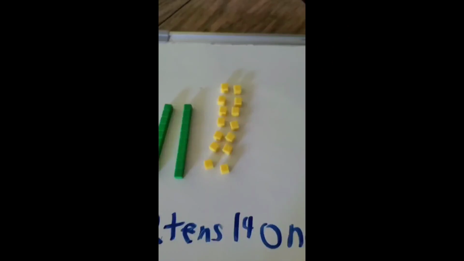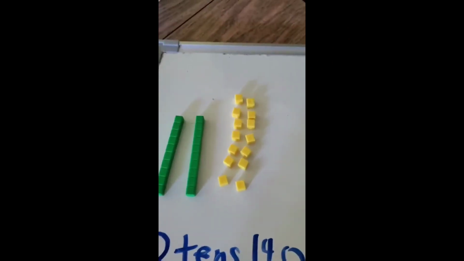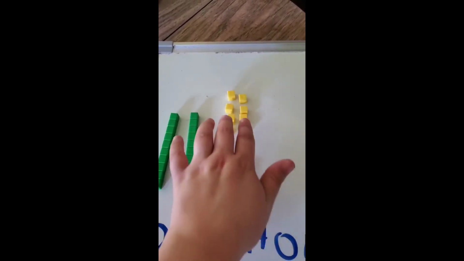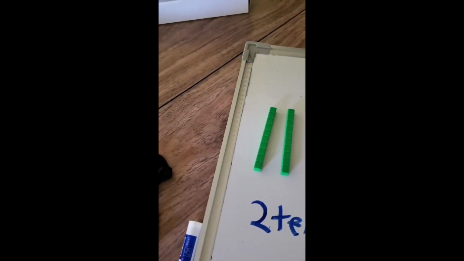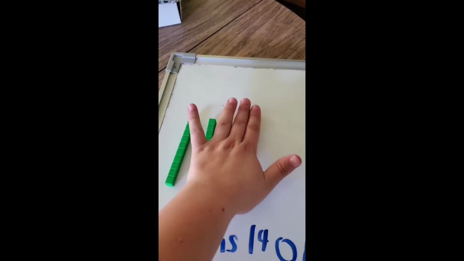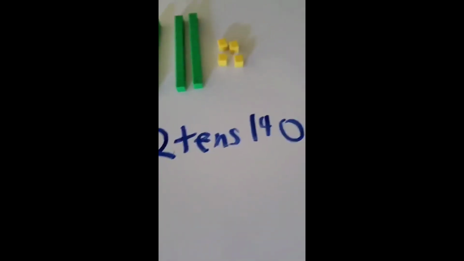So what we're going to do, I'm going to take 10 1s out of here. Okay? So 2, 4, 6, 8, 10. I'm going to take them out and trade them in because we're regrouping and bringing out a rod. So now, what's the number?